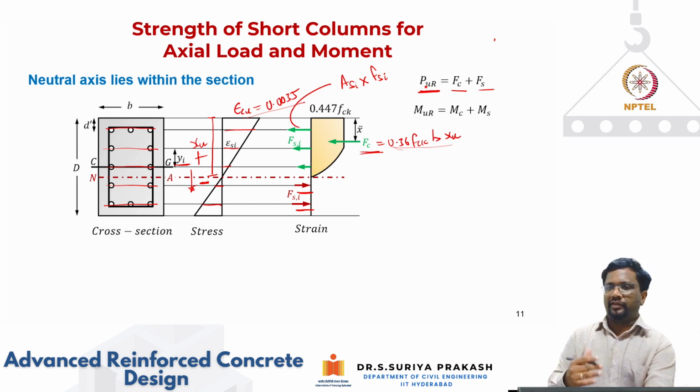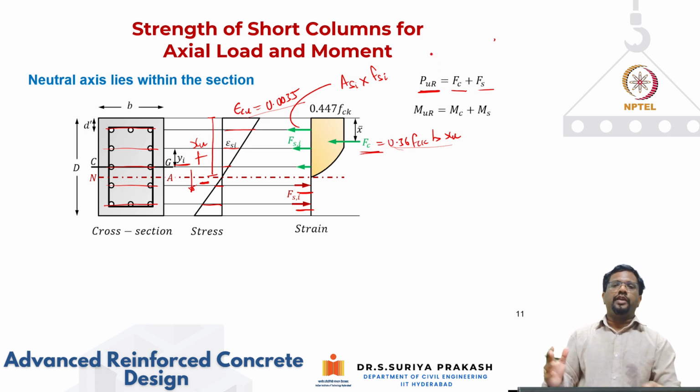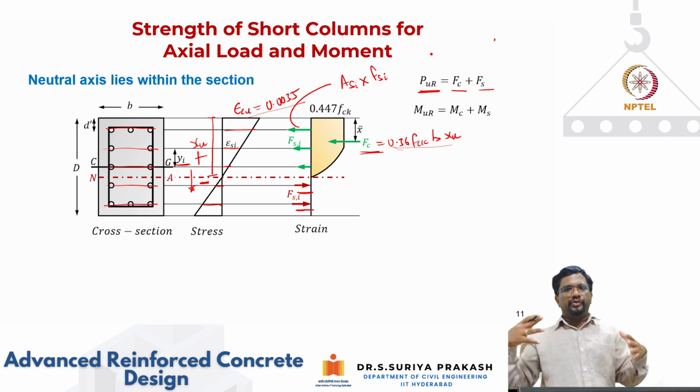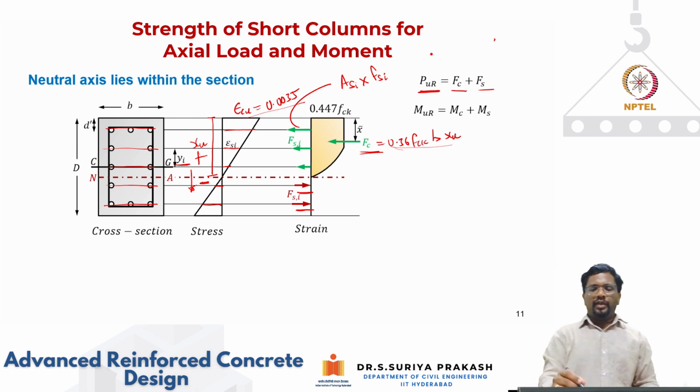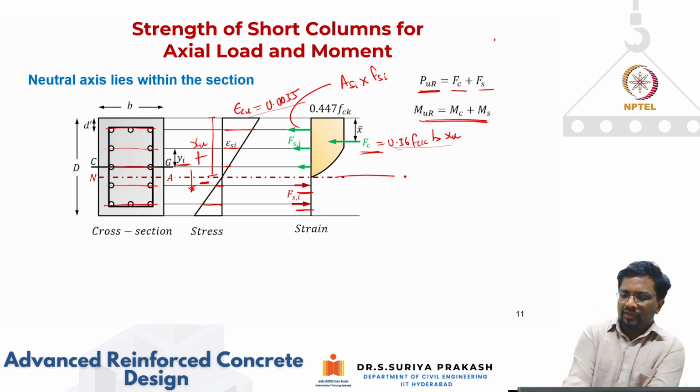Sometimes you can have axial tension also, right? So the summation of all the forces, you will end up with some positive value that indicates the compression force that is acting in this section, that is creating this kind of strain profile. Okay. Similarly, the moment resistance also we can take. So now how do we take the moment resistance? So you know this Fc is this.